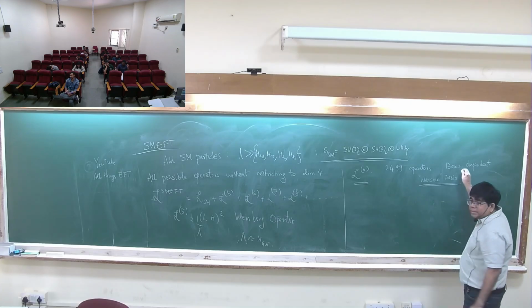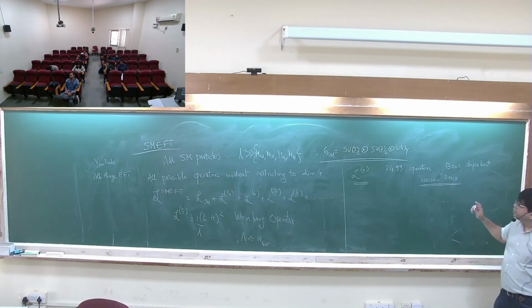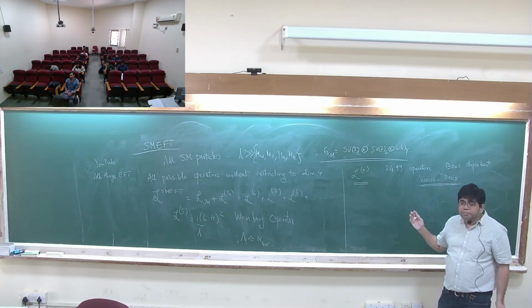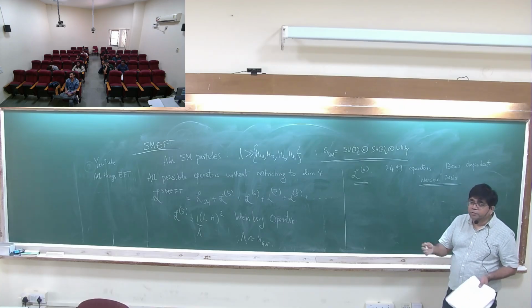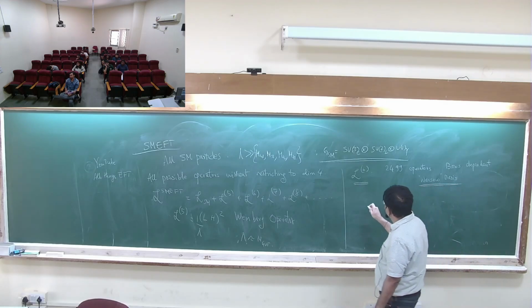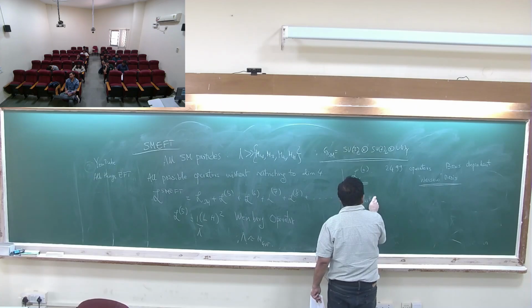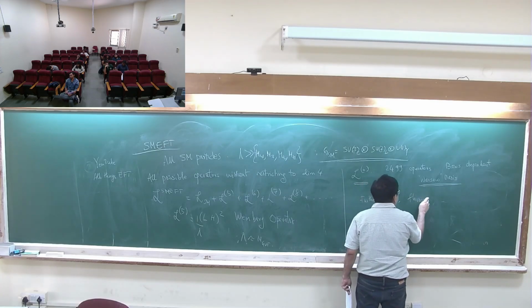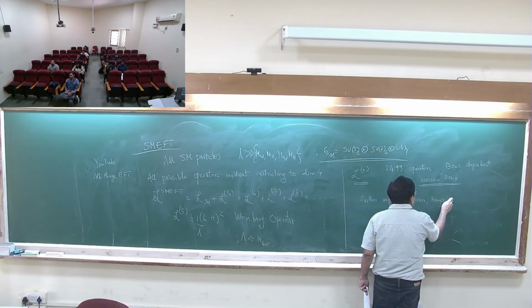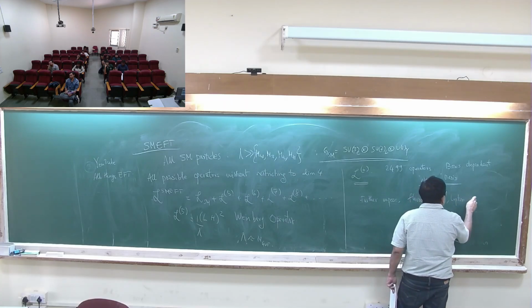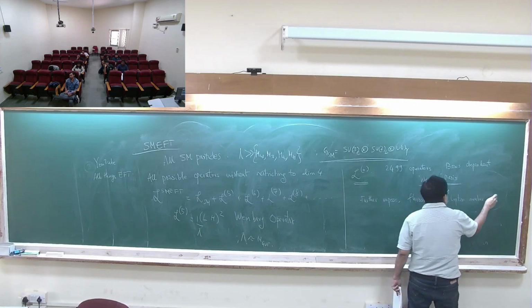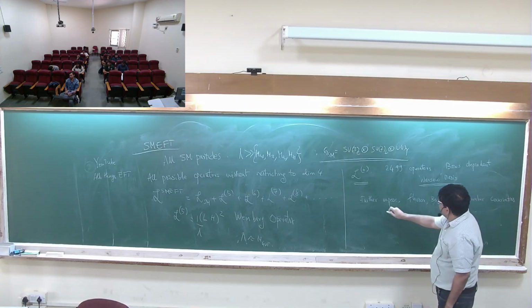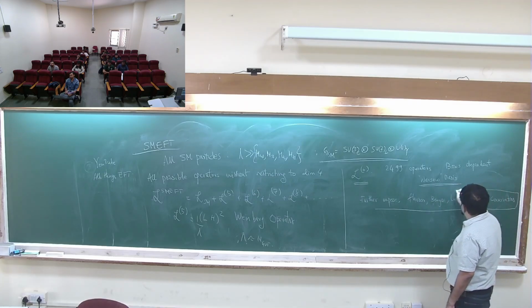So why are they basis dependent? It turns out that if you write down all possible operators, there are 2500 or something, out of which people, when they do SMEFT, only consider 20 or 30. Why?